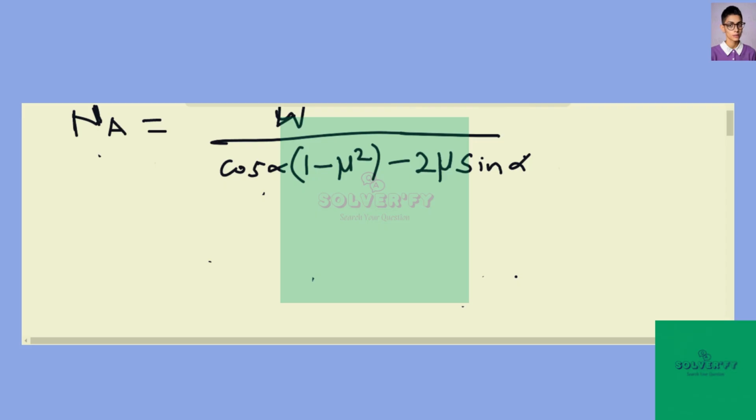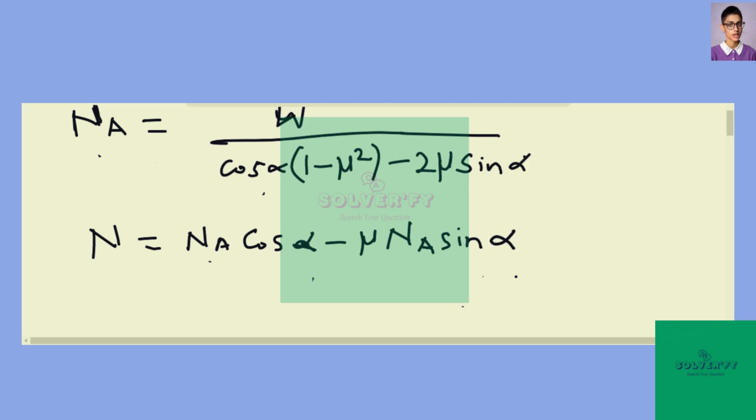Then we'll also proceed to get our NC. To get our NC, we know that NC is equal to NA cos alpha minus mu NA sine alpha.